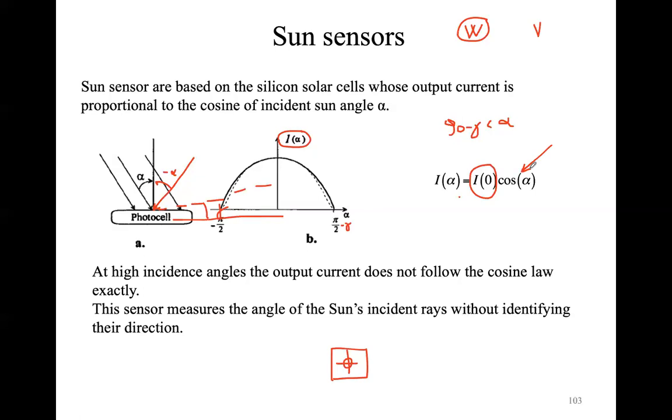For larger alpha it tends to not be close to the solid line, because, as it was correctly said, you have also other electronic error sources that give you an unpredicted response of the photocell. So the dashed line is not exactly equal to the solid line.